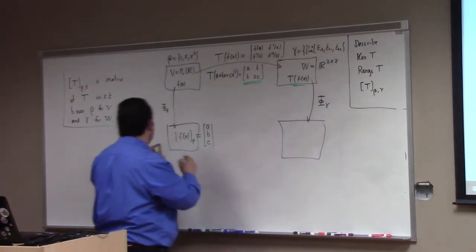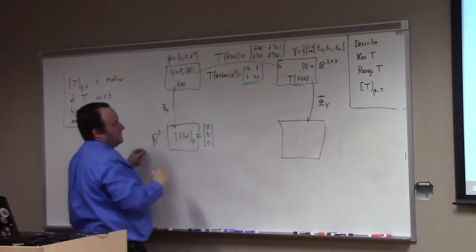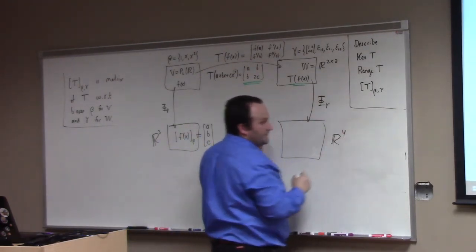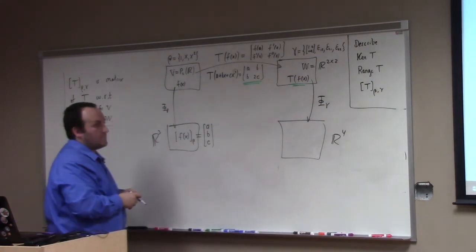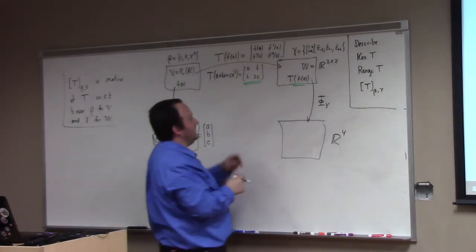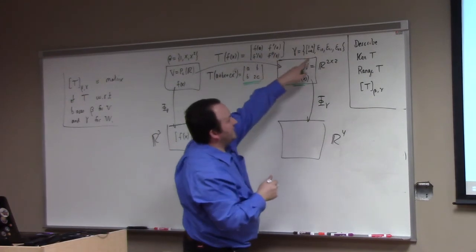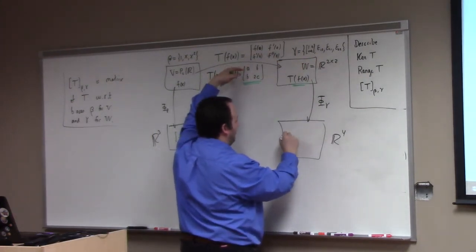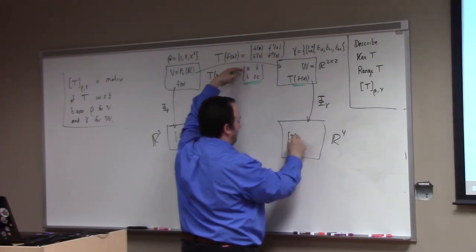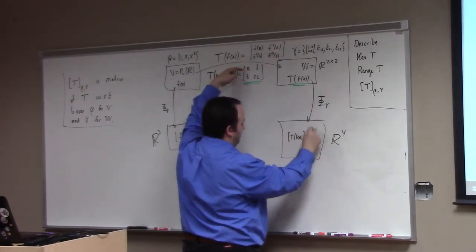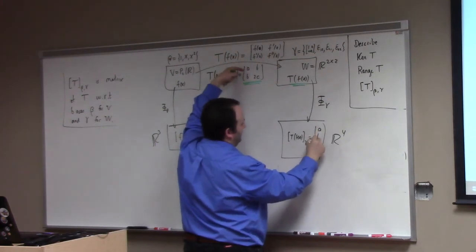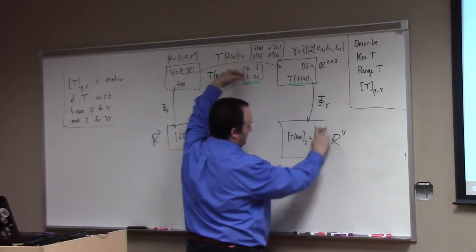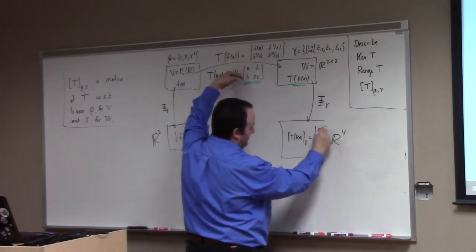So let's see here. This is R3, and our 2 by 2 is a 4-dimensional space, right? So this is R4. What is the coordinate vector with respect to the lexicographic basis of this 2 by 2 matrix? It's just what? I go A, B, B, 2C with respect to the basis gamma, which I've laid out here.